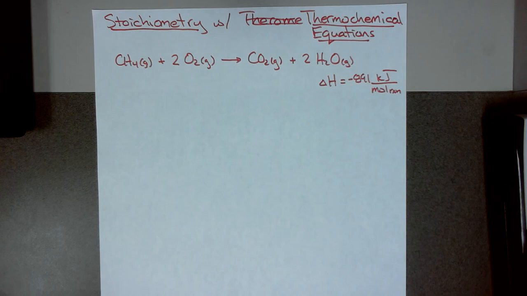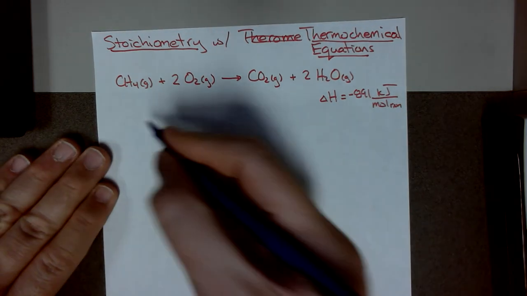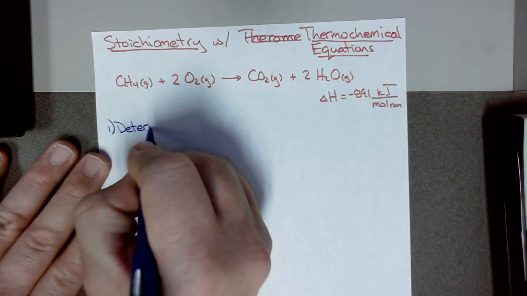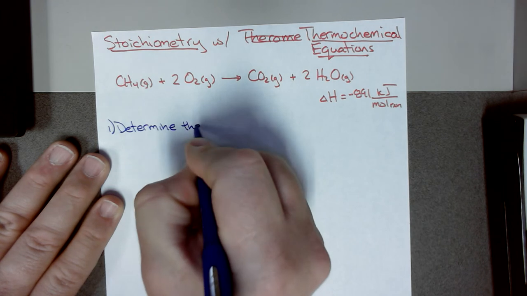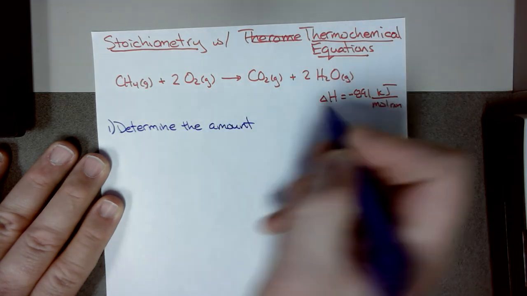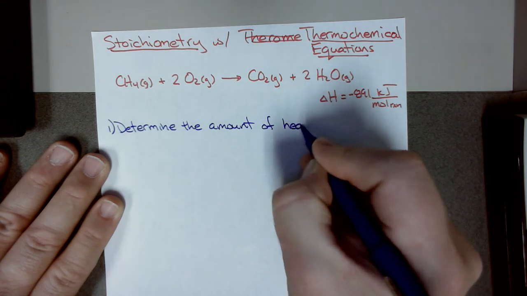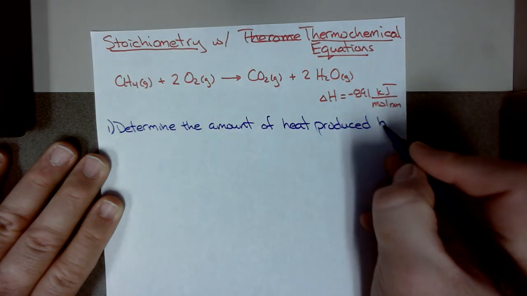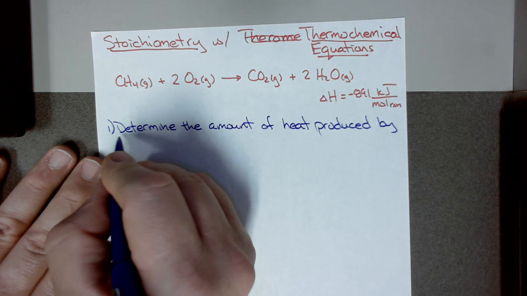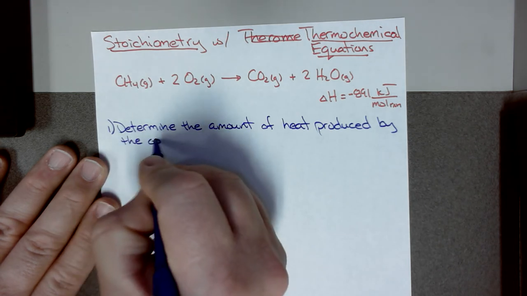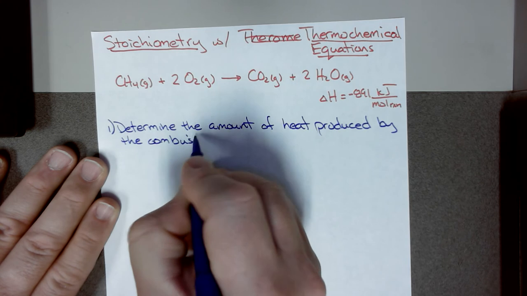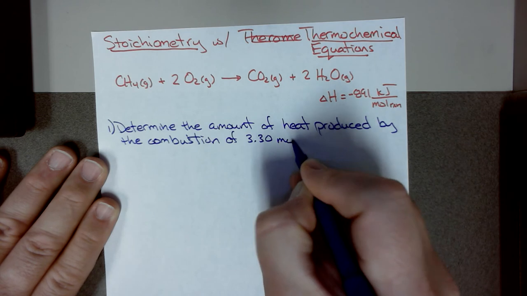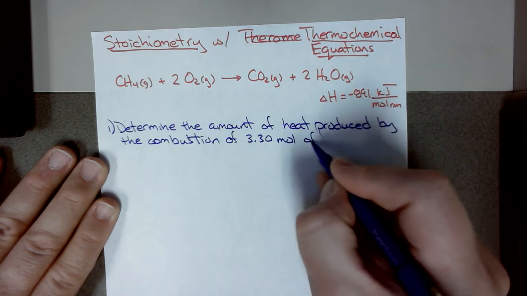So the first problem, let's determine the amount of heat produced by the combustion of 3.30 moles of methane.